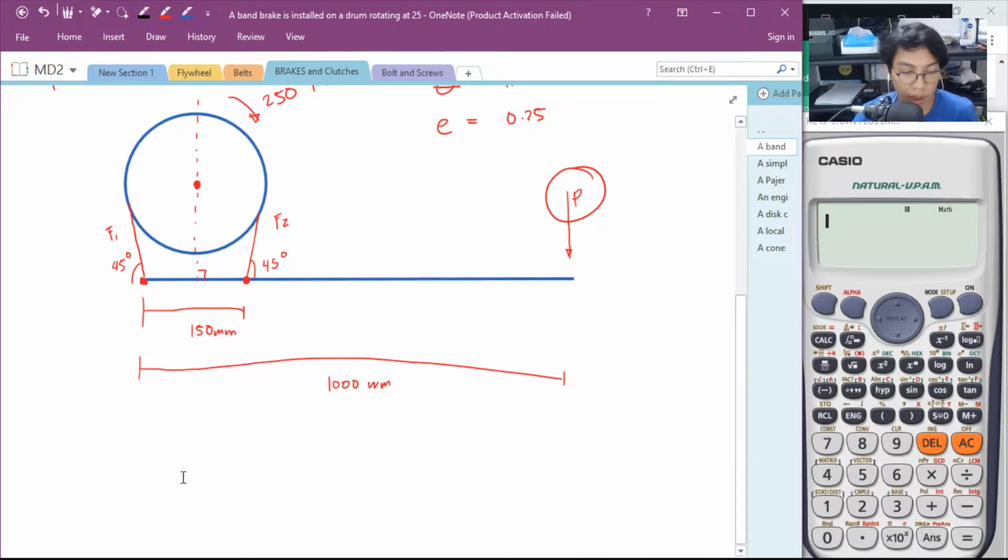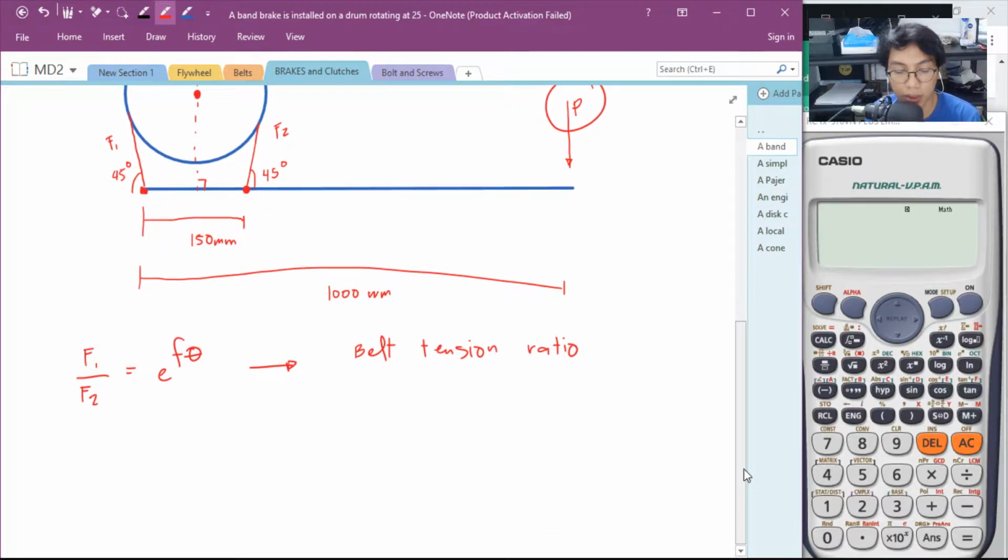Now, hanapin muna natin yun. Ano po ba yung mga formula na kailangan natin dito? Number 1, pwede mong pagkunan to. F1 over F2 equal to e to the f theta. This is what? Belt tension ratio ang tawag dyan. Gamitin natin tong formula to. How about another formula? Meron ka din dyan binigay na net belt pull force.